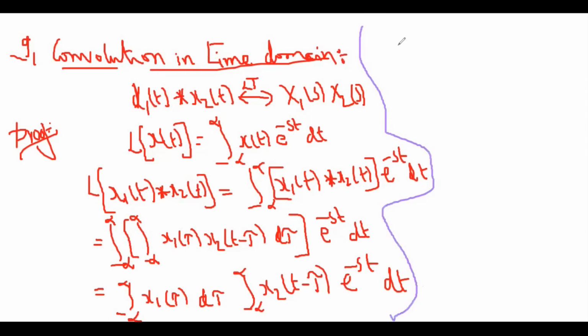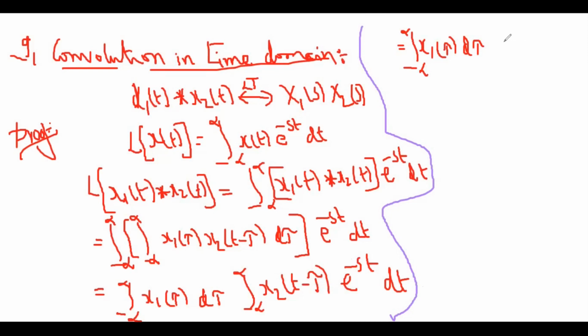In this equation, that is equal to the integral from minus infinity to infinity of x1 of tau d tau. I'm using the translation in time domain property.